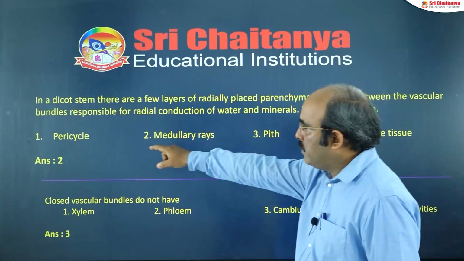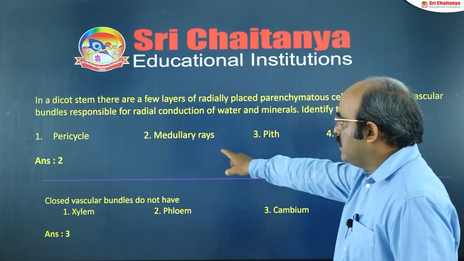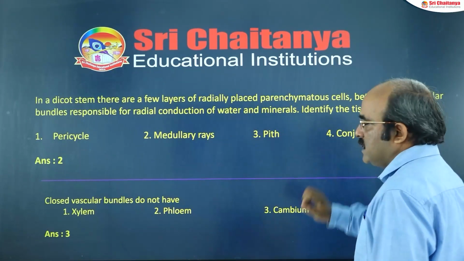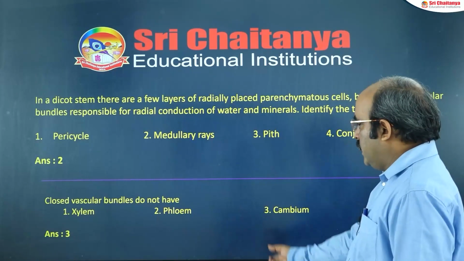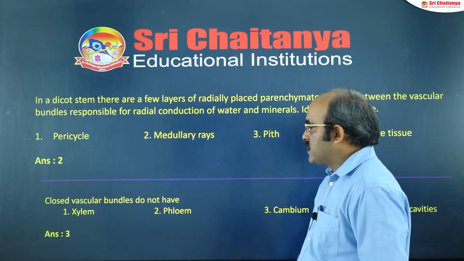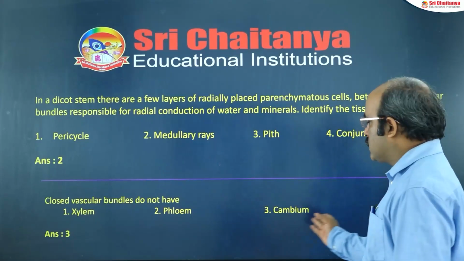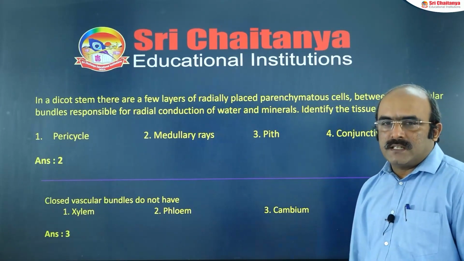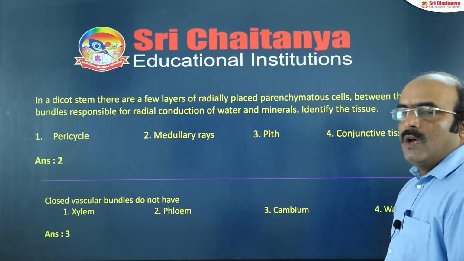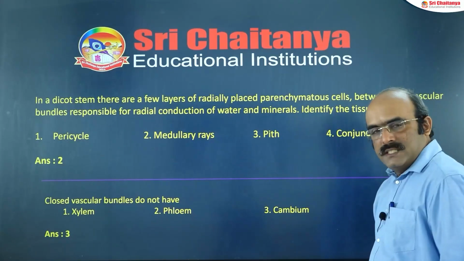So you have been given 4 options: pericycle, medullary rays, pith and conjunctive tissue. The next question is, closed vascular bundles do not have. Closed vascular bundles do not have which part? Xylem, phloem, cambium or water cavities.